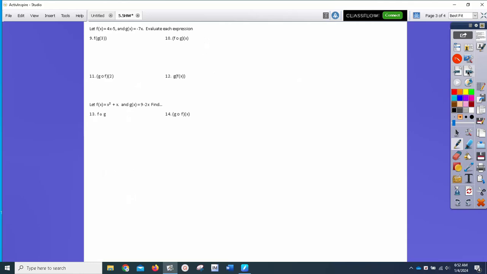11 has that funky looking function notation, g of f of 2. So when I do 11, the first thing I'm going to do is find f of 2. I'm going to work my way out.